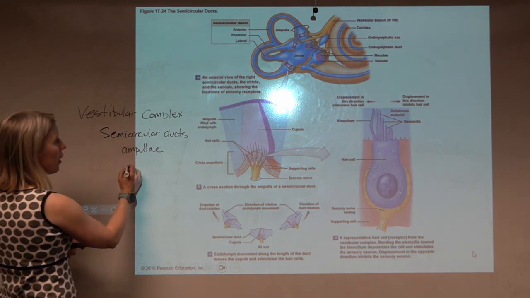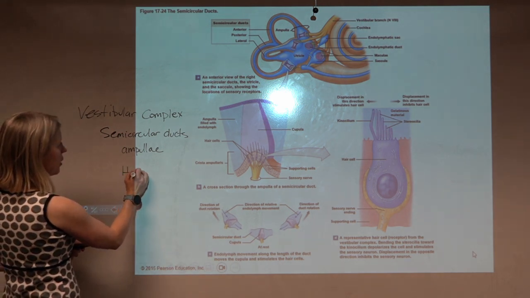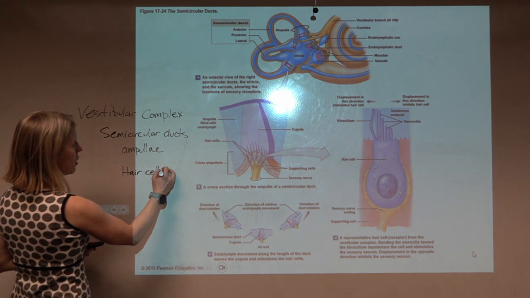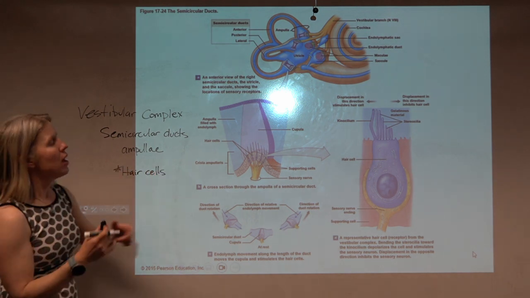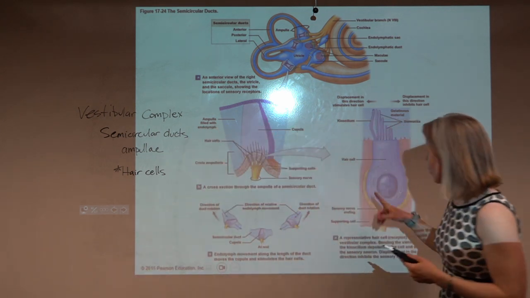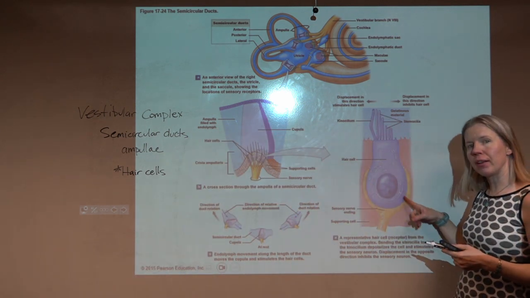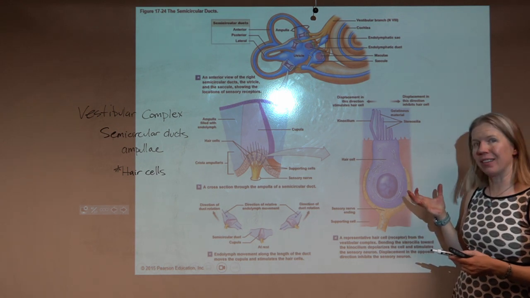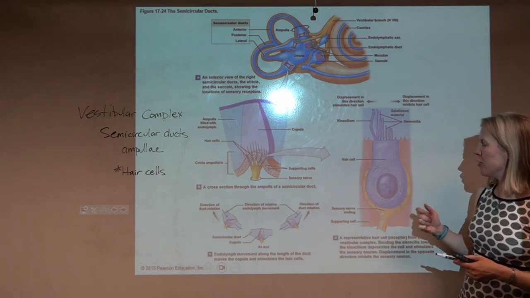And these hair cells, right, this is the receptor. This is our most zoomed in version here, right? Notice its association with a sensory nerve ending, so it's attached to a neuron.